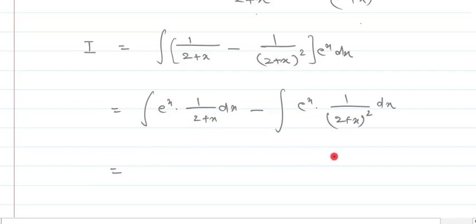So either using the identity, write down the result directly, or as I have told you, simplify it, find out its integration by using by parts and cancel out. You will get the result as e power x into 1 upon (2 plus x) plus c. So simplify in any way, as I suggested you the two methods.